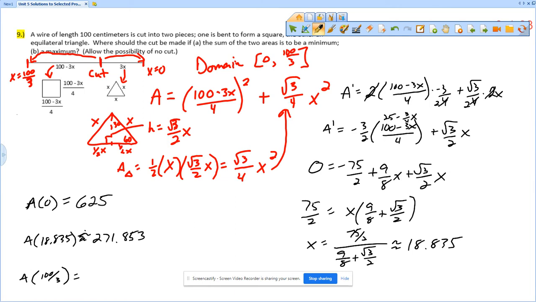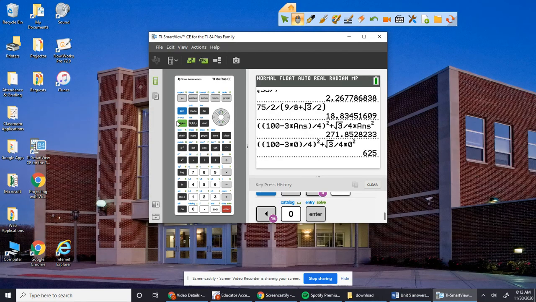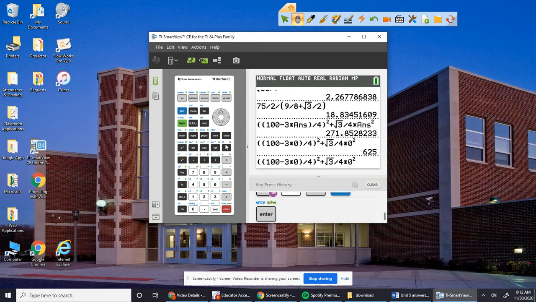And then we want to do the calculation with 100 thirds. So now I'm going to bring this back, and here I'm going to put 100 thirds instead of 0. So I'm going to insert that.